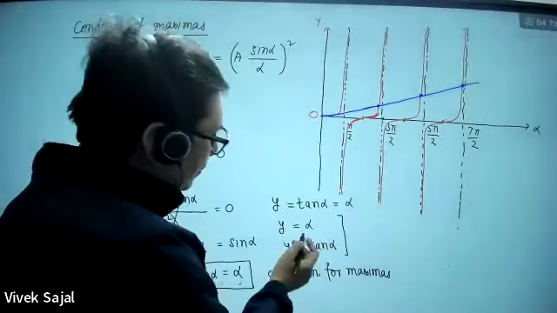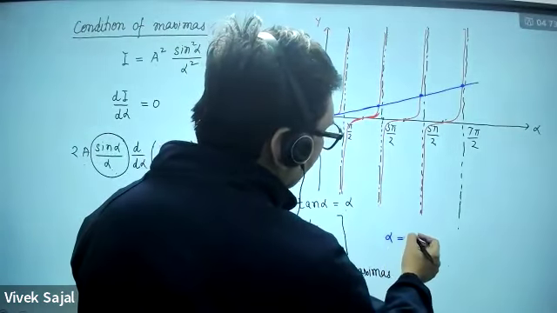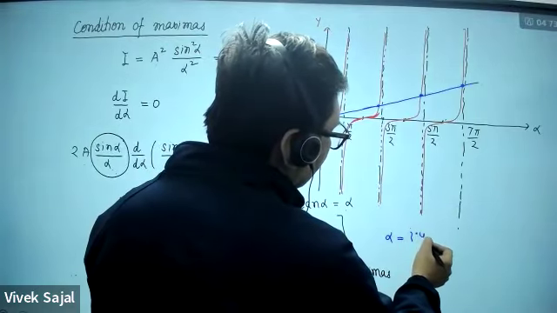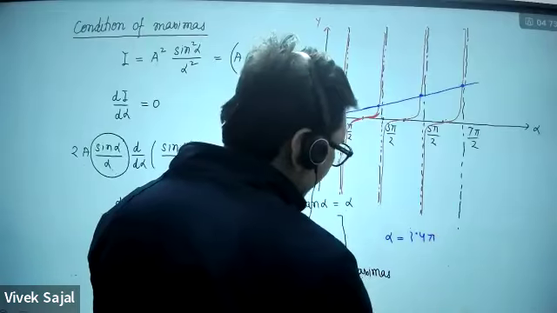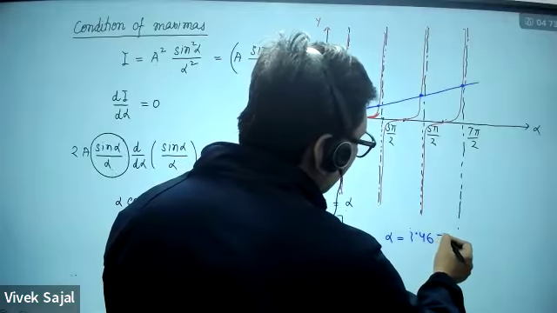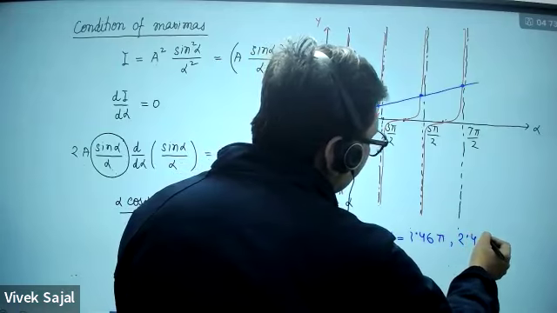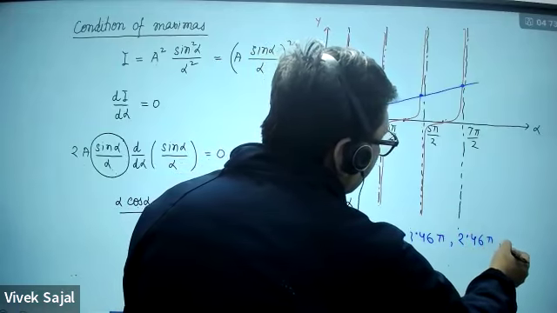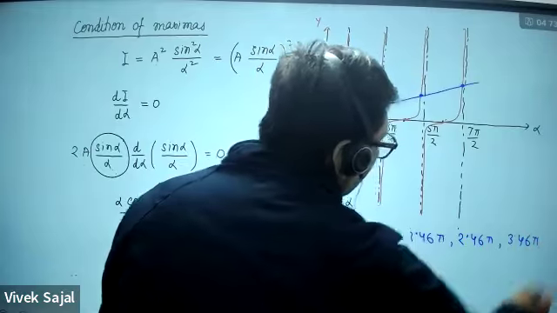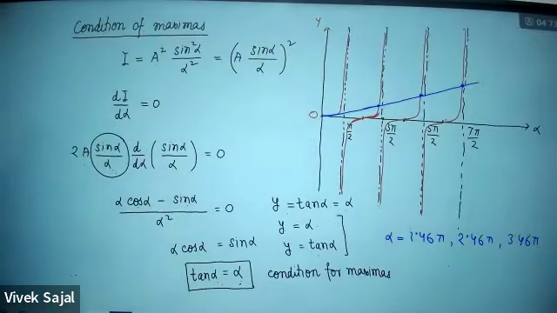So where these two plots intersect, these are the values of alpha: roughly 1.46 pi, then nearly 2.46 pi, then 3.46 pi.